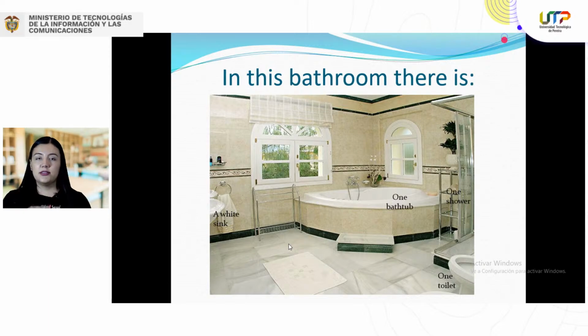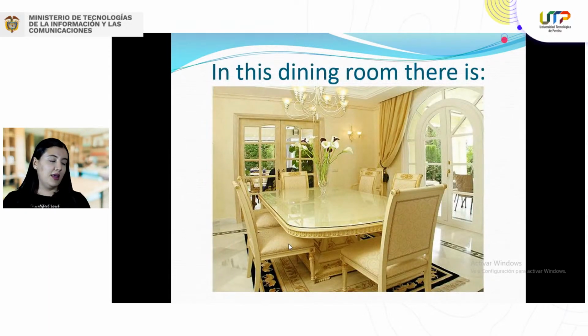There is one toilet. And that's it. In the dining room, there is a curtain. There is a vase of flowers. Recuerden que vase es ese elemento en donde ponemos las flores, ¿sí? A vase, pero con V, ¿ok? Be careful with that. There is one table. And there is also a rack on the floor.